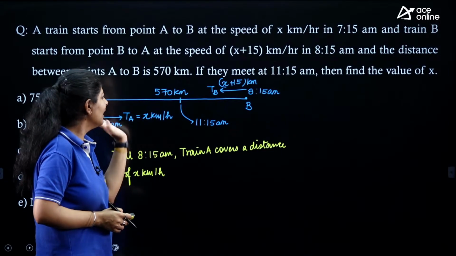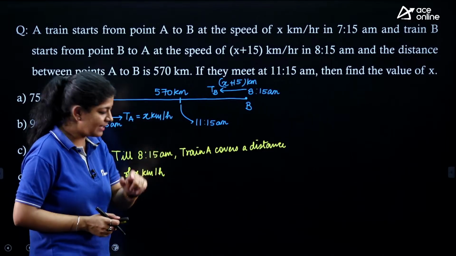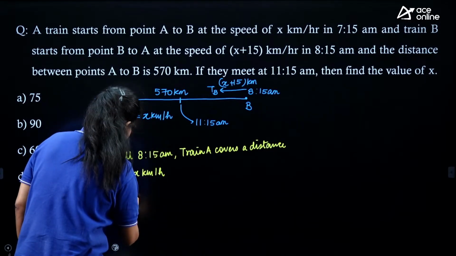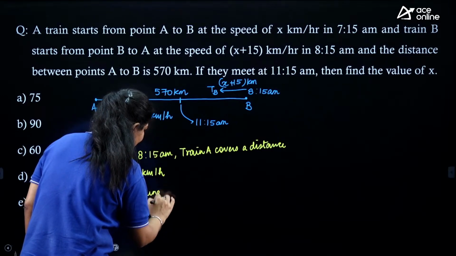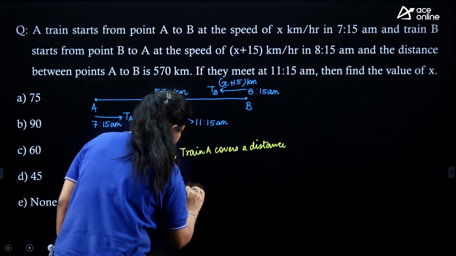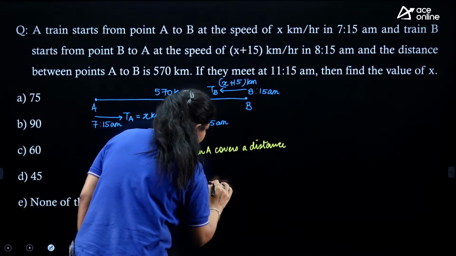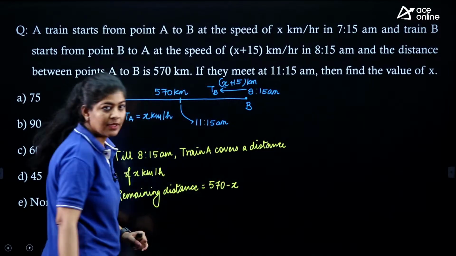So in 1 hour, how much distance can train A cover? x distance, right? Now the remaining distance is 570 minus x, right?